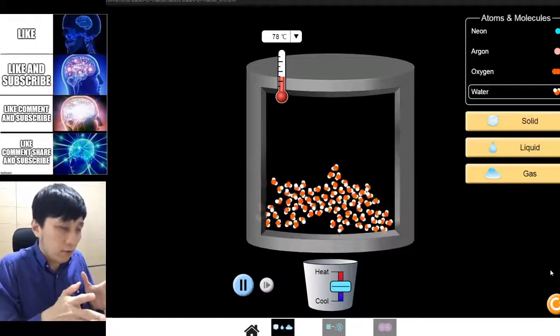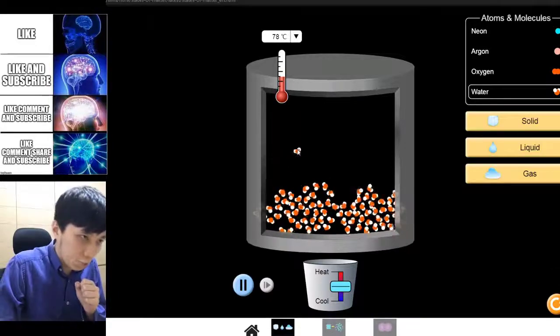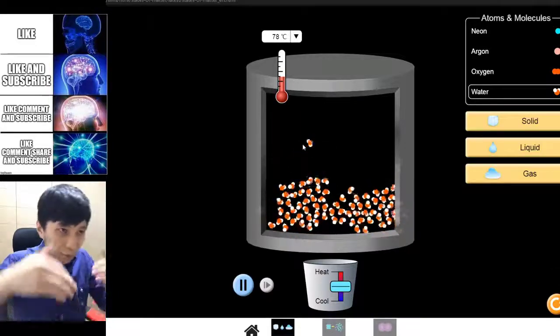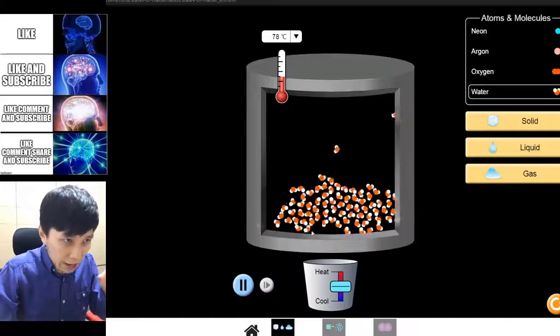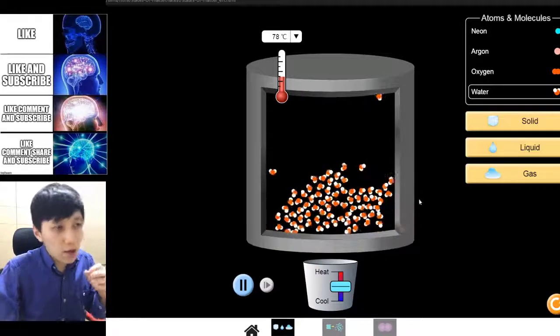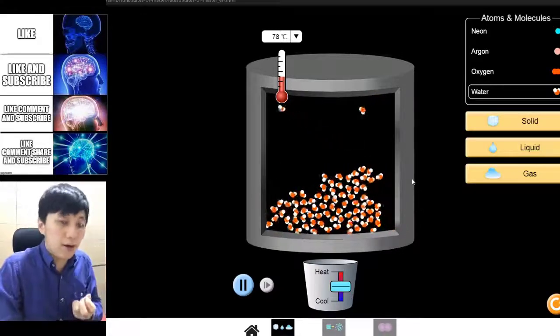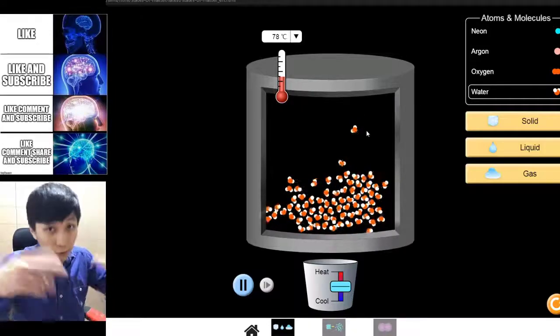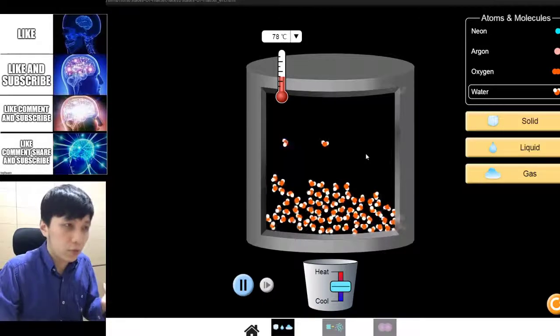So right now, at this kind of random temperature, you can see there's one that floats away from the main group of molecules. There's one here, there's one here, there's also one here. So those would simply be the water vapor that got evaporated. Remember, the word is evaporated, not boiled.